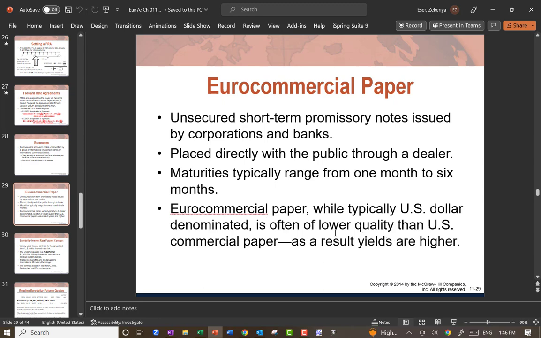The Euro commercial paper market is not subject to US regulations. Hence, the kind of companies that access that market tends to be a little bit lower quality in terms of credit. Hence, the yields are typically higher.